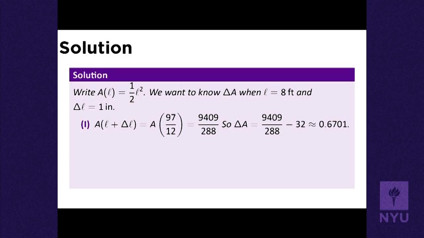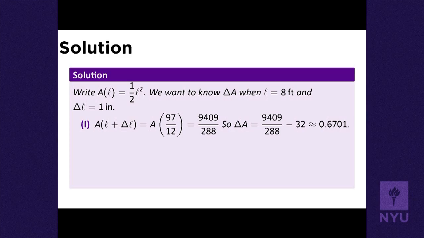How bad is the change in area going to be? How big is delta A when A is this, L is 8 feet, and delta L is 1 inch? Okay, I'll do this 2 ways. One, just using the regular subtraction method, which I can do because this is an algebraic function. And then we'll see how differentials can get a similar answer.